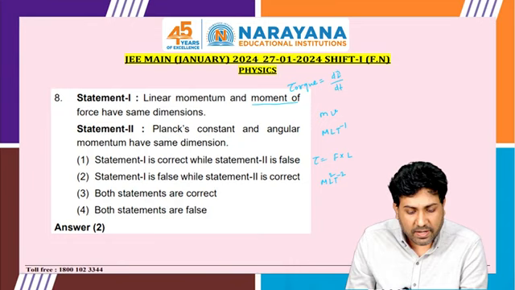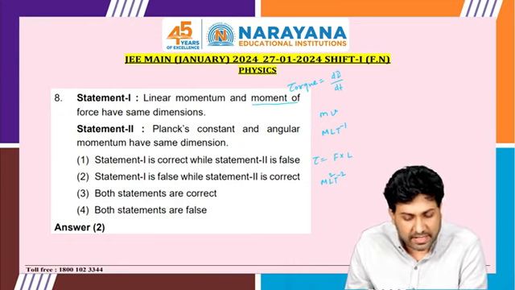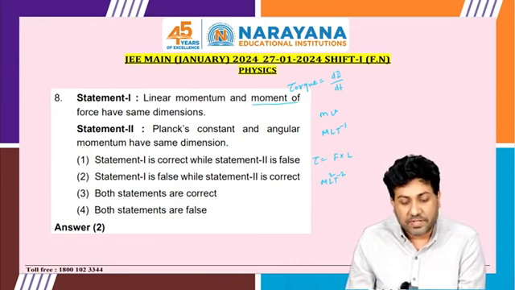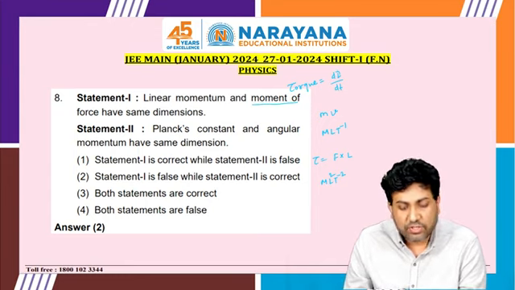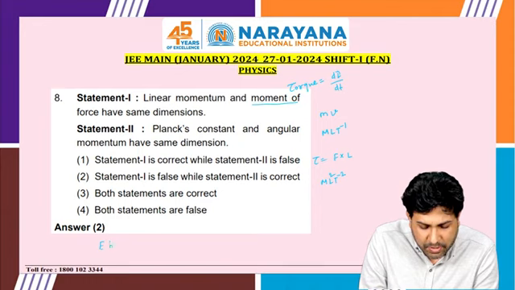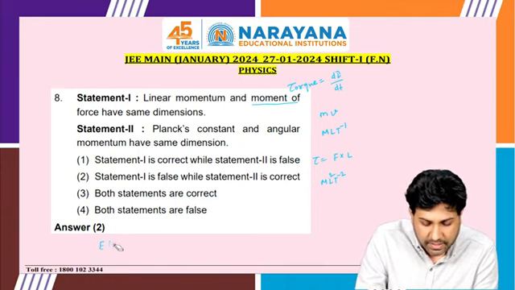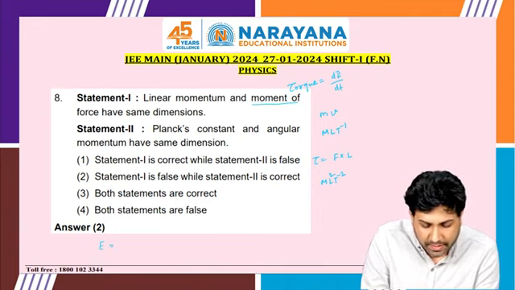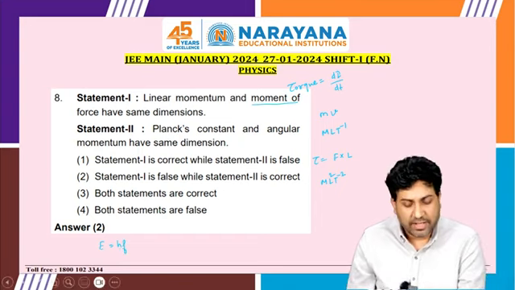And the second one is, what is the dimension of Planck's constant and angular momentum? Let's find the dimensions of Planck's constant. You know that E is equal to hf, where h is the Planck's constant.